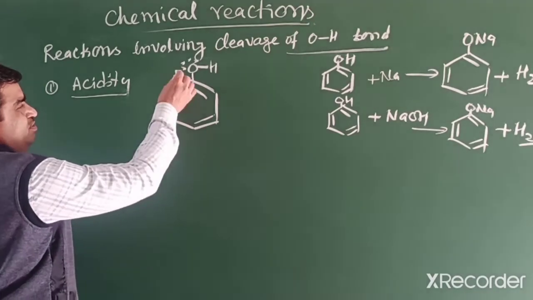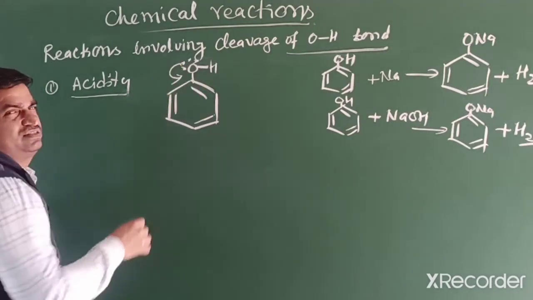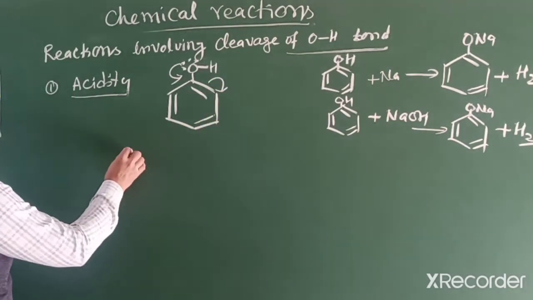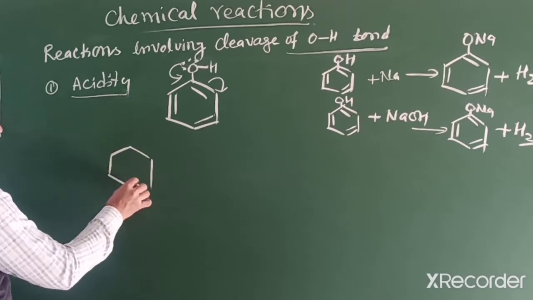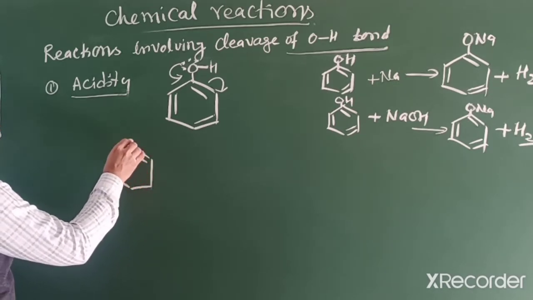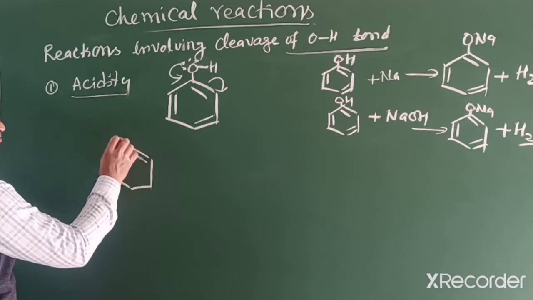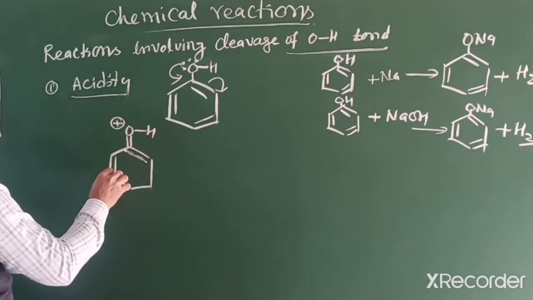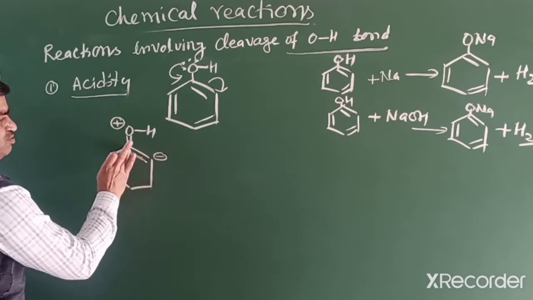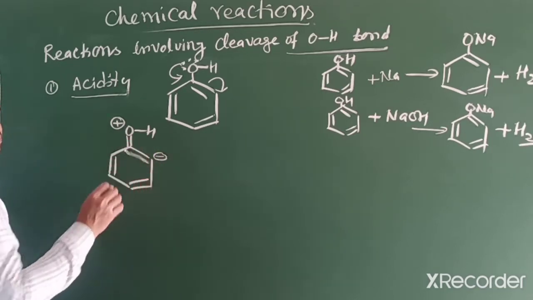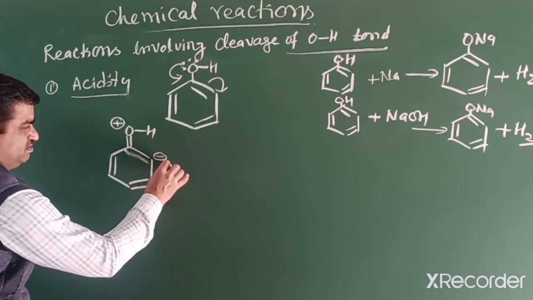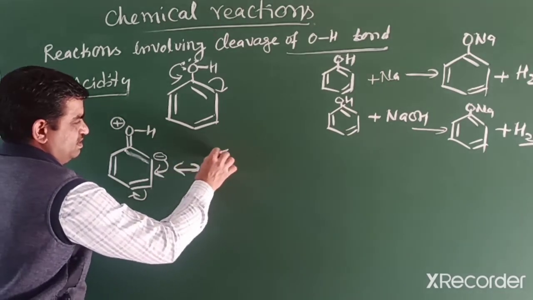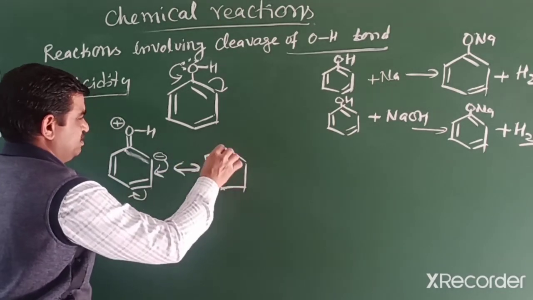So students, phenols show resonance. In the earlier class we discussed that phenol shows this type of resonating structure. If we draw its resonance, then we can make a positive charge on oxygen and a negative charge at the ortho position. Further, this negative charge can make a lone pair. We can write this type of resonance.